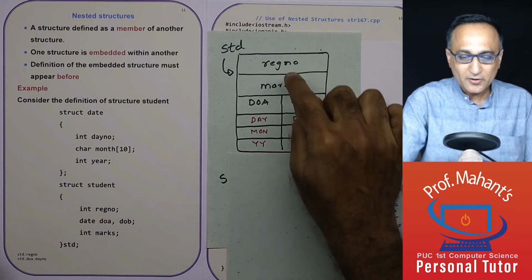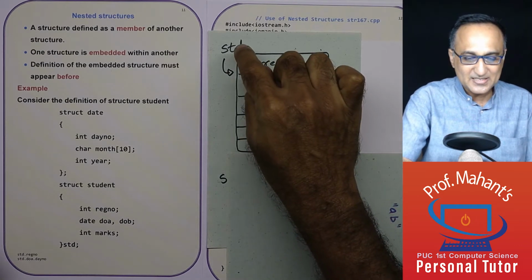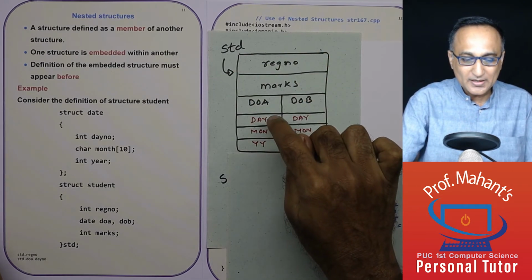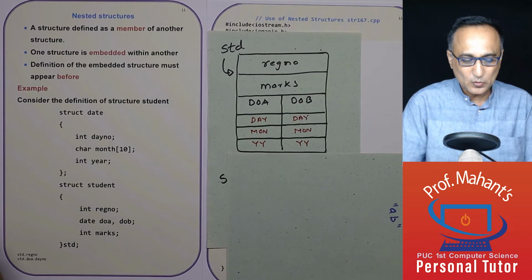Now if I have to refer to register number, it is easy. I can just say std.register number, std.marks. How do I refer to day number, month, and year? Quite easy.